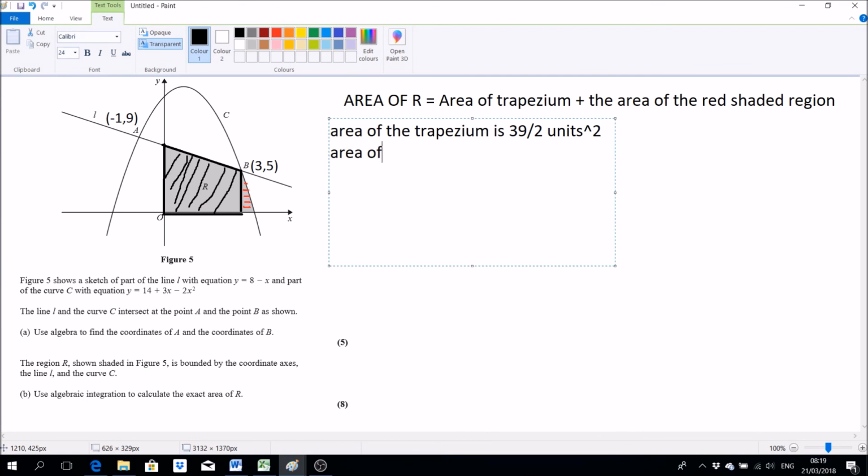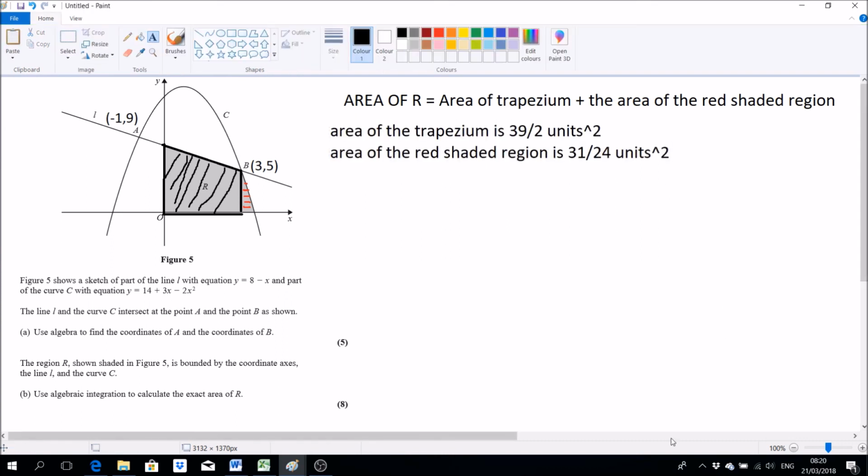And the area of the red shaded region is 31 over 24 units squared. Okay, so all we have to do is just add them together. 39 over 2 plus 31 over 24, just type this into the calculator, is going to give us 499 over 24 units squared.